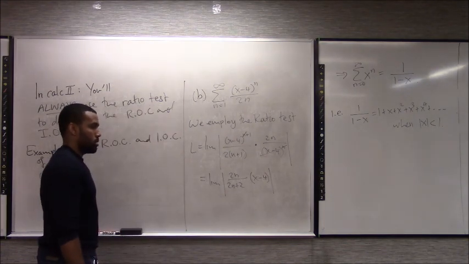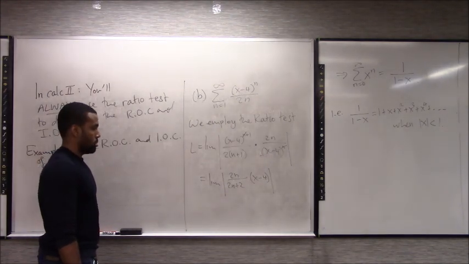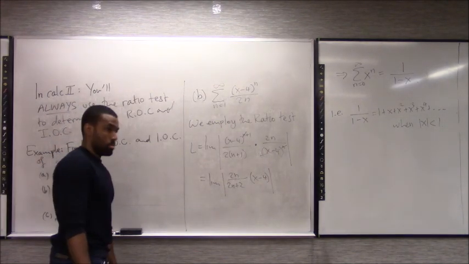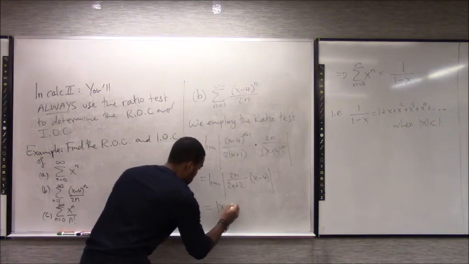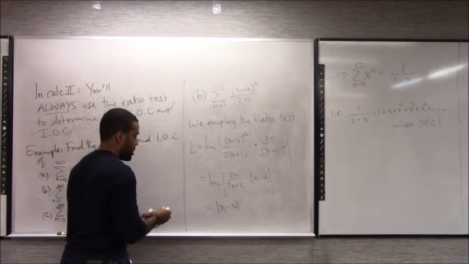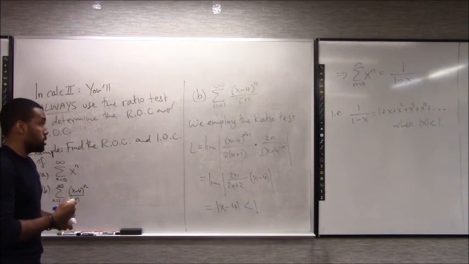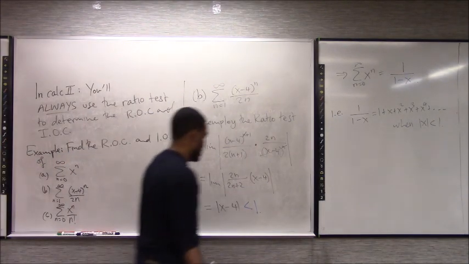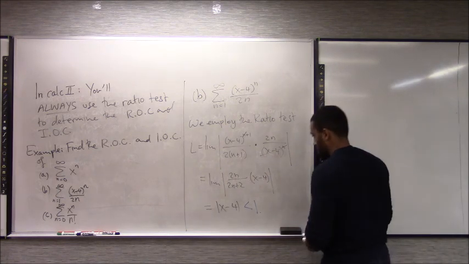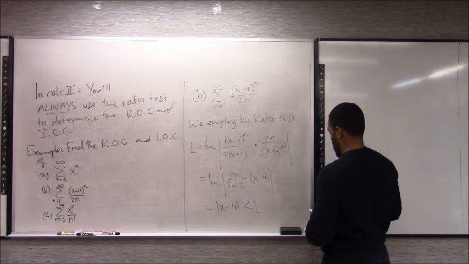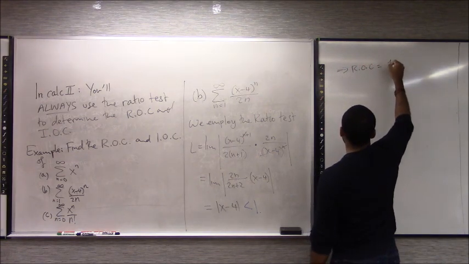What's that limit? x minus 4, x minus 4 in absolute value. Now I'm going to set this less than 1 because that's what I need for convergence. And so this again tells me the radius of convergence is 1.